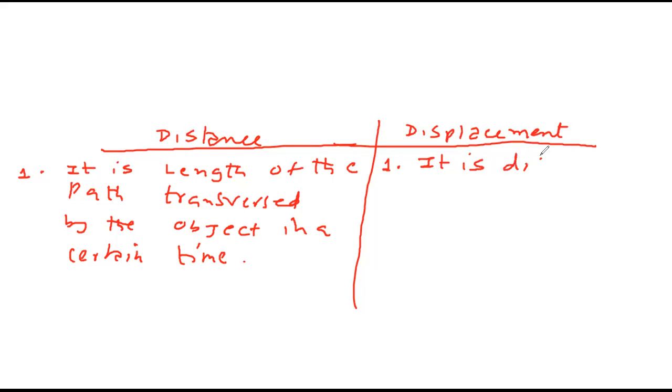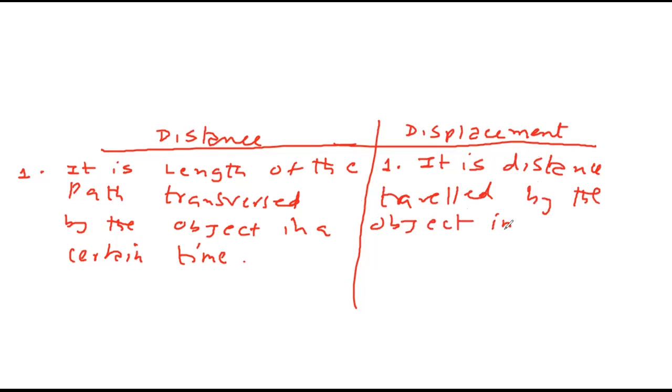Displacement. It is the distance traveled by the object in a specified direction in a certain time.